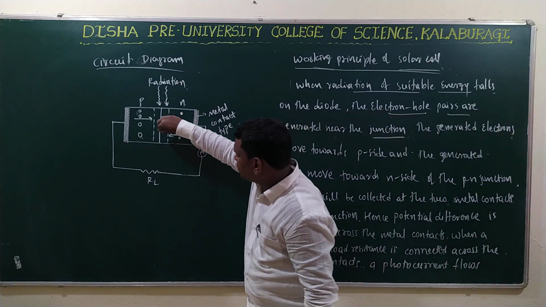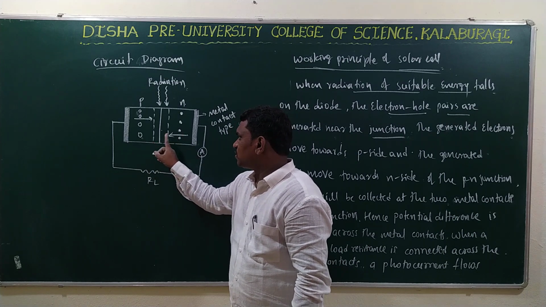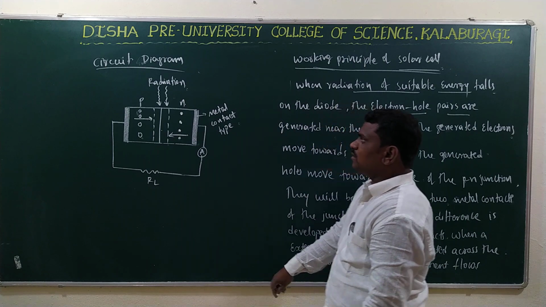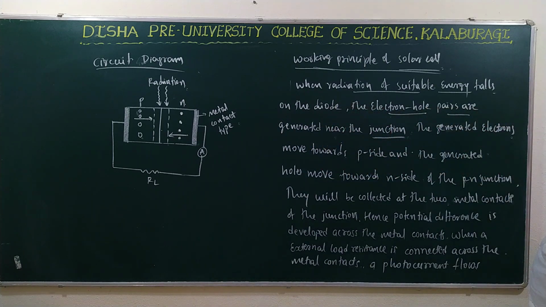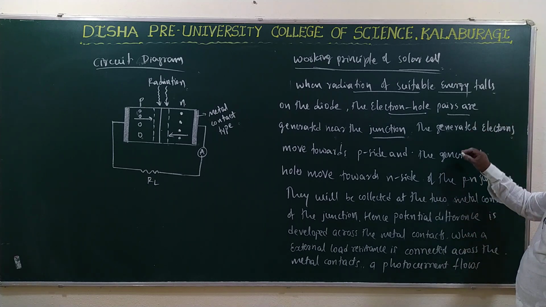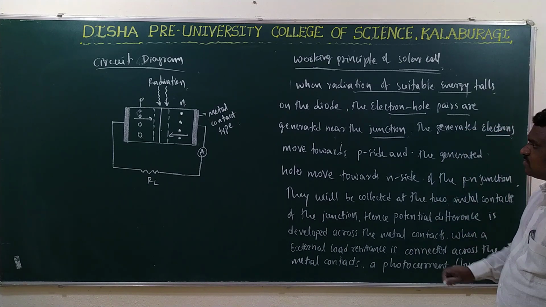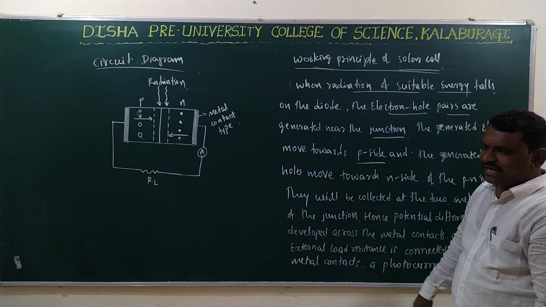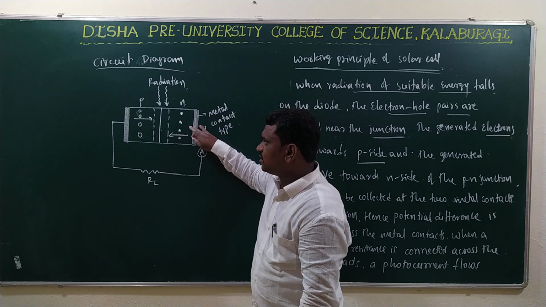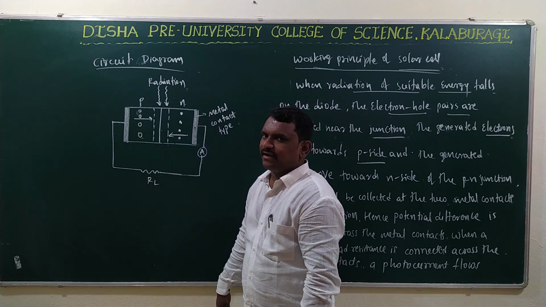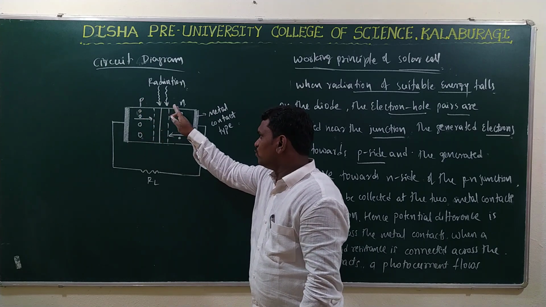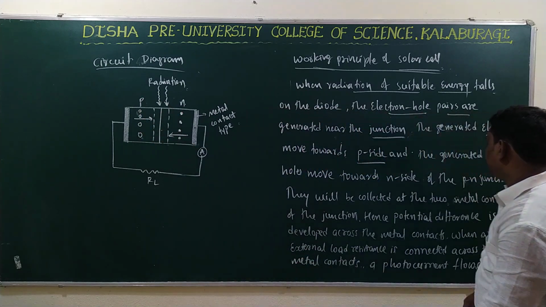At the junction, the electron hole pairs are produced due to the suitable radiation energy incident on the diode. Then the generated electrons from the n-type semiconductor move towards the p side, and the generated holes from the p-type move towards the n-type semiconductor.